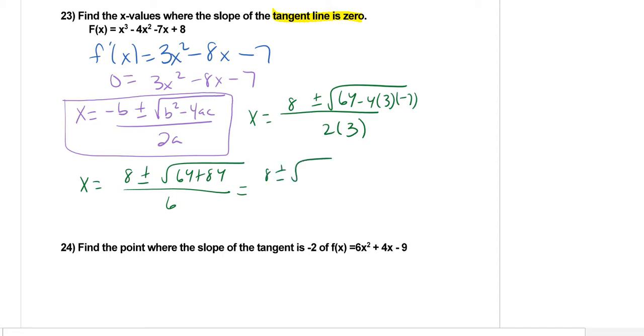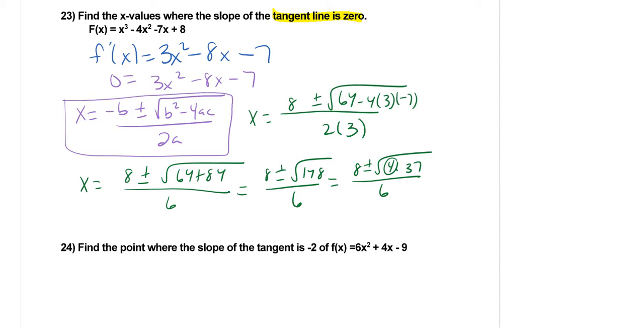So I add underneath, which is my discriminant, which gives me a 148. You are expected to simplify this. 148 is 4 times 37, and 4 is a perfect square. So I can pull out a 2 by taking the square root.